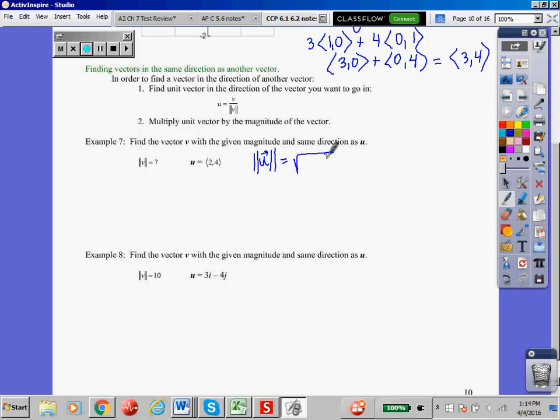So that would be the square root of 2 squared plus 4 squared. That's the square root of what, 20? And that's 4 times 5, so it's 2 square root 5.